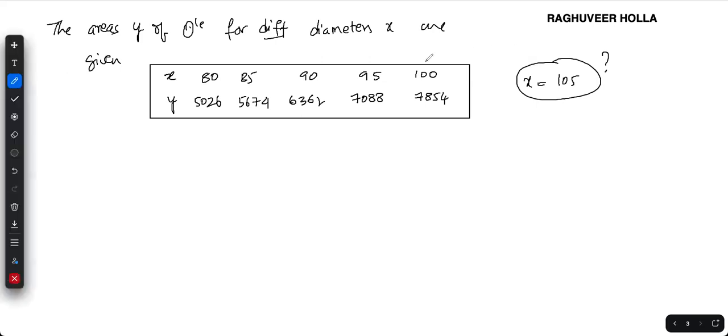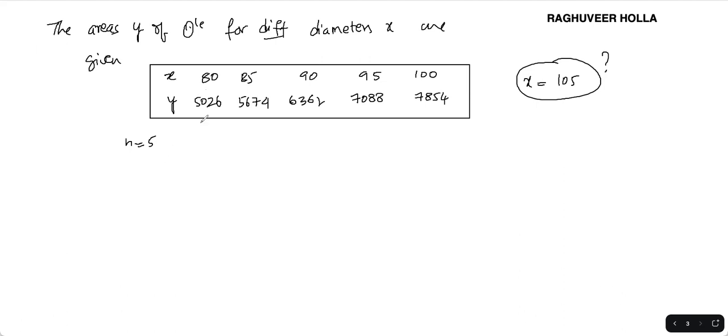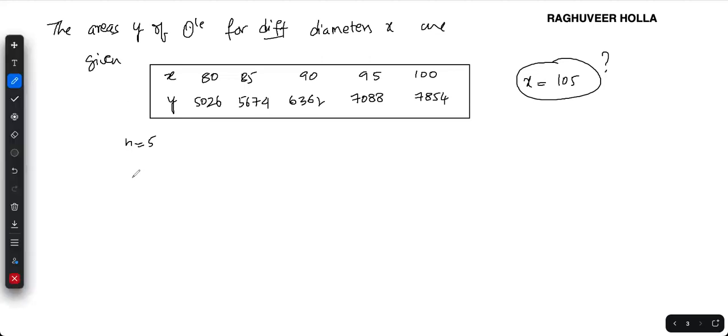Let us solve this. As I said, h, the step length, is 5. Let us write down the formula corresponding to this. I'll represent this as y n, backward. Earlier it was the case of y naught, here y n, and q instead of p.